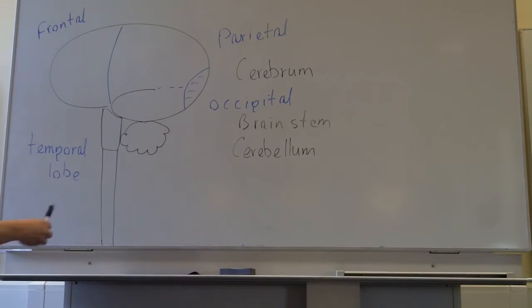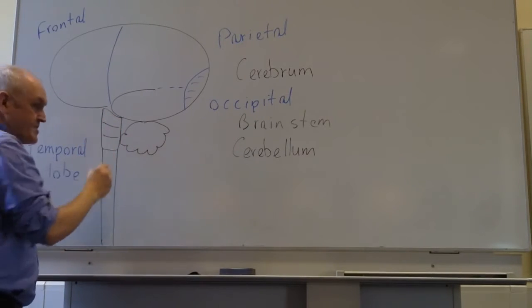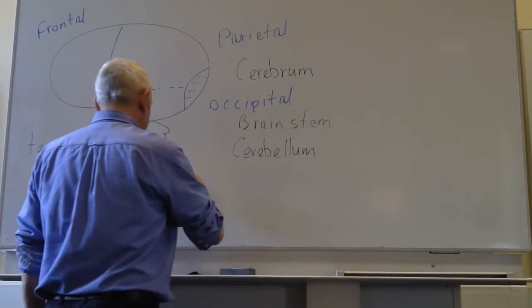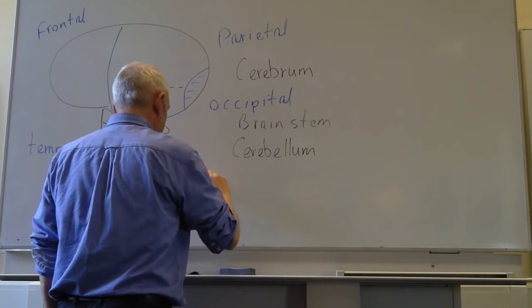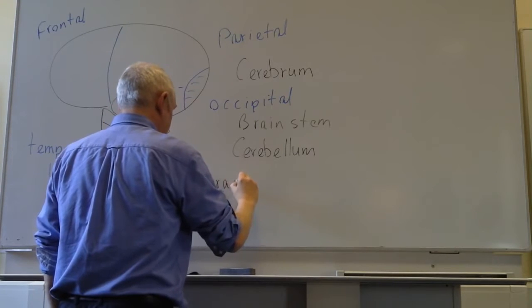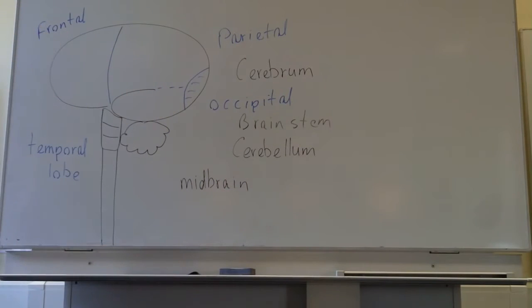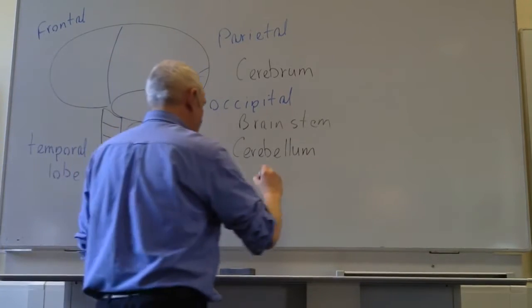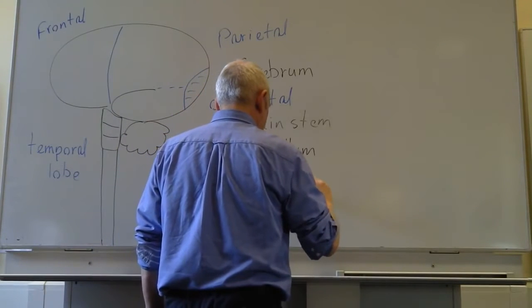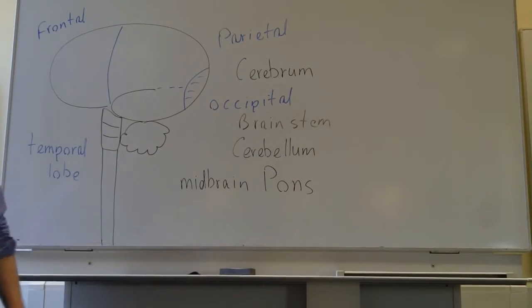Now this is the brainstem here, and this is actually divided into 3 areas as well. The top part of the brainstem is called the midbrain. And the middle part is called the pons. And the lower part you probably know already.